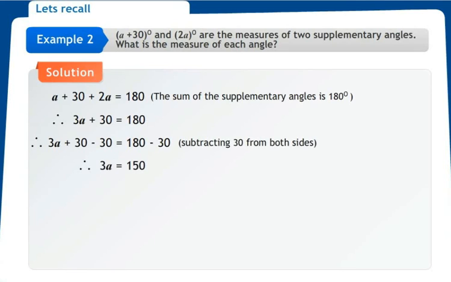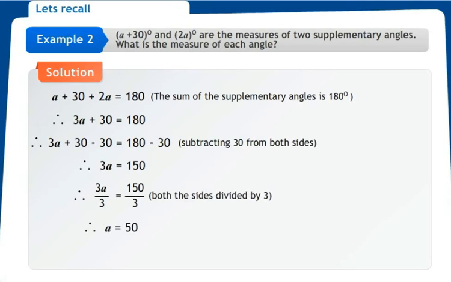Now 3 multiplied by a is equal to 150. We need only a, so we divide by 3. When you divide the left hand side by 3, you have to divide the right hand side also by 3. Hence we get a is equal to 50 degrees.